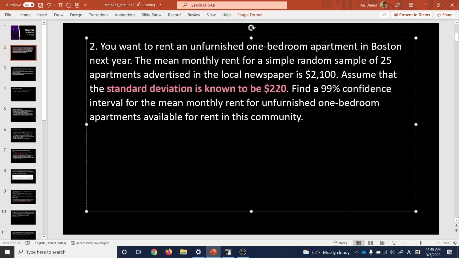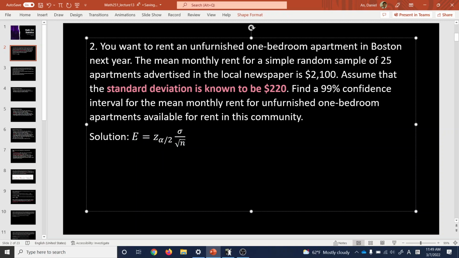Let's try this. Solution. We first need to calculate the margin of error. The formula for the margin of error is the critical value times sigma, the standard deviation, divided by the square root of n.